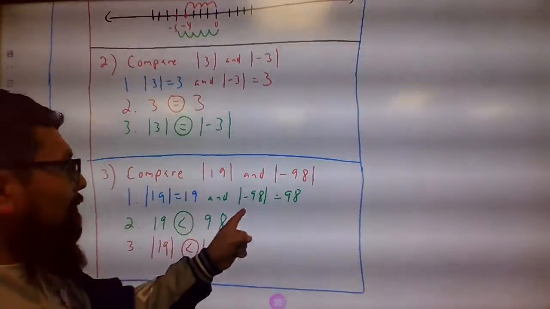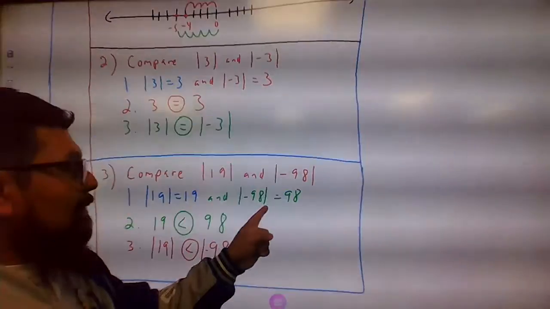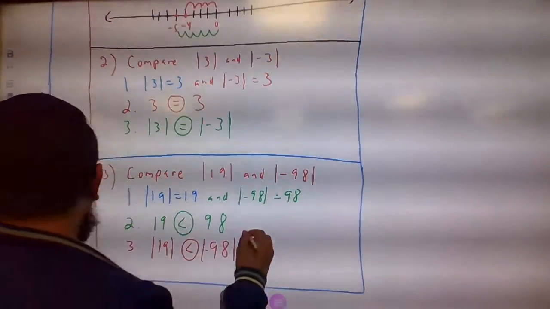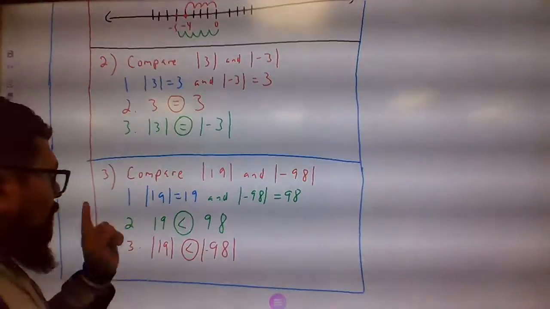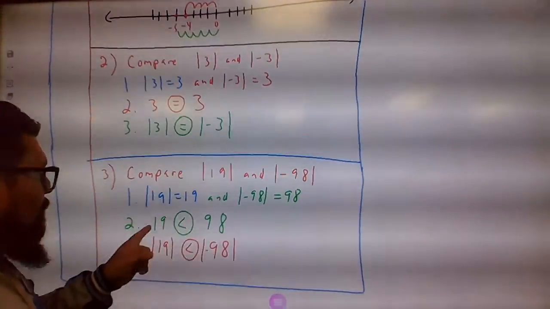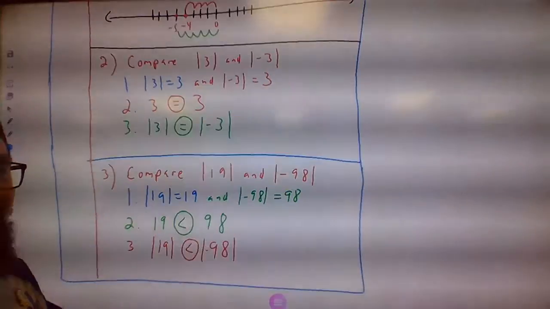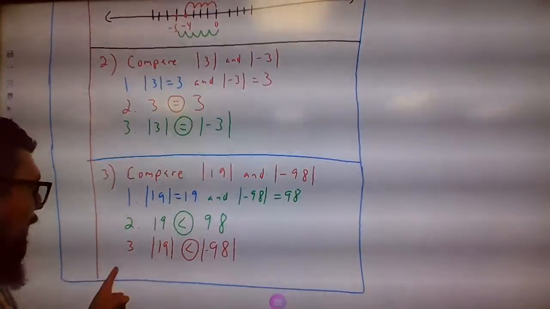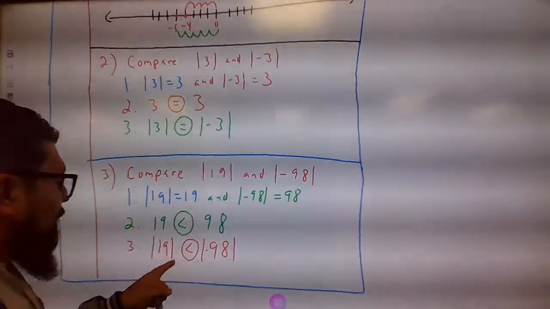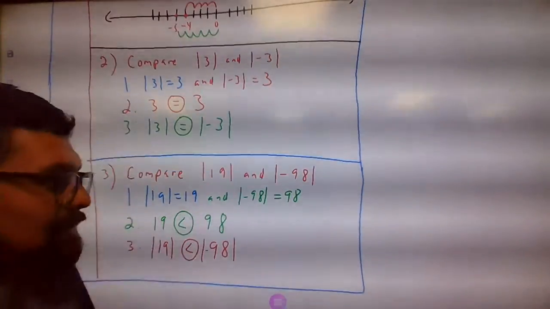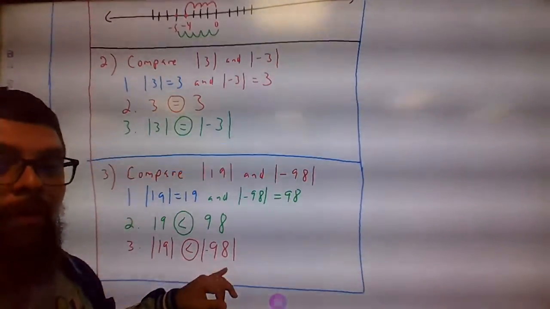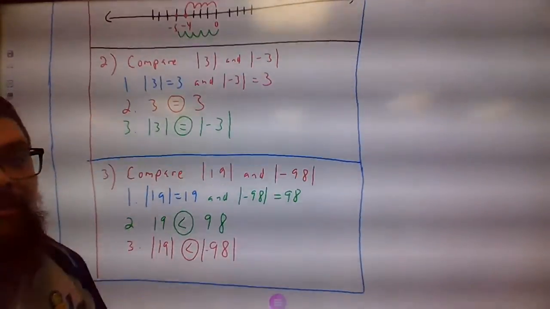And the absolute value of -198 is 198. Okay, so now we rewrite it. So 19 blank 198. So 19 is less than 198. So we rewrite it back. The absolute value of 19 is less than the absolute value of -198. And that makes sense because the distance from 0 of -198 is more than the absolute value of 19, right?